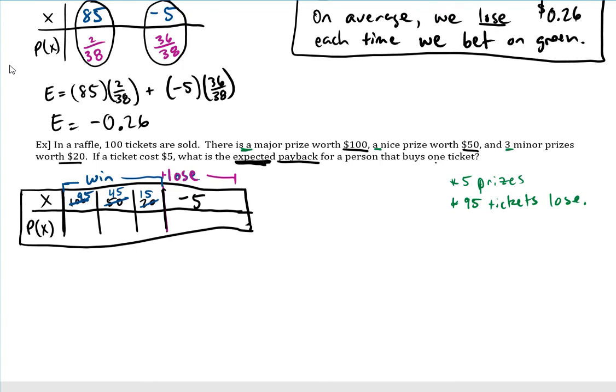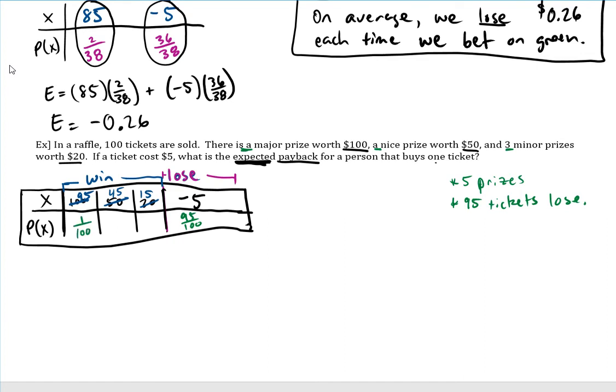This helps me with the probability. You have a 95 out of 100 chance to lose, and for the individual probabilities, it's just the number of prizes available divided by 100.